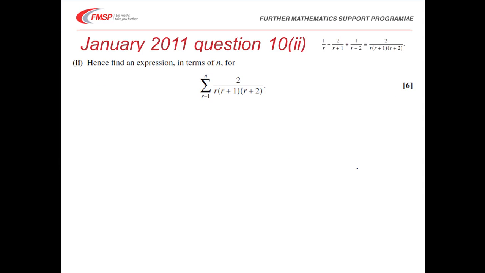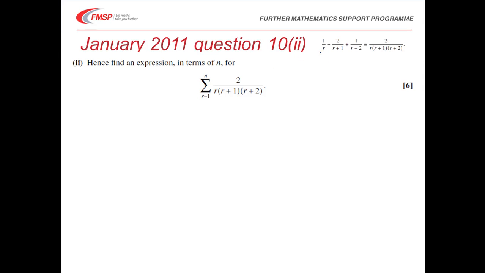So if we go into part 2, it says, hence find an expression in terms of n for this sum. Now we need to make sure that we understand when it says hence, we want to use the result that we've just established, and I've just put that result up here.